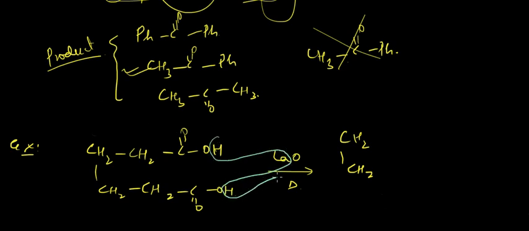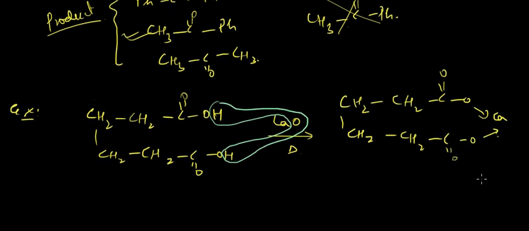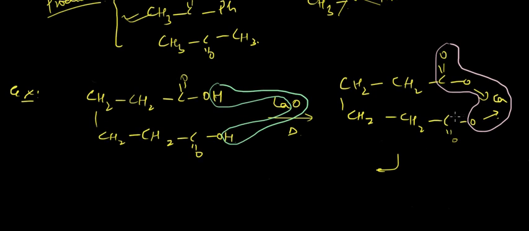Next, calcium carbonate would be leaving the compound. This would be the structure, and then calcium carbonate leaves the compound. So what will we be getting? We'll get a bond between this and this. So how many member ring is there? 1 2 3 4 5. So finally we'll be getting a cyclopentanone.